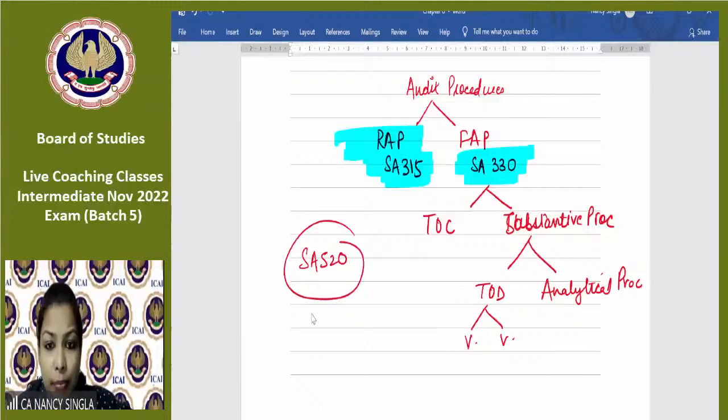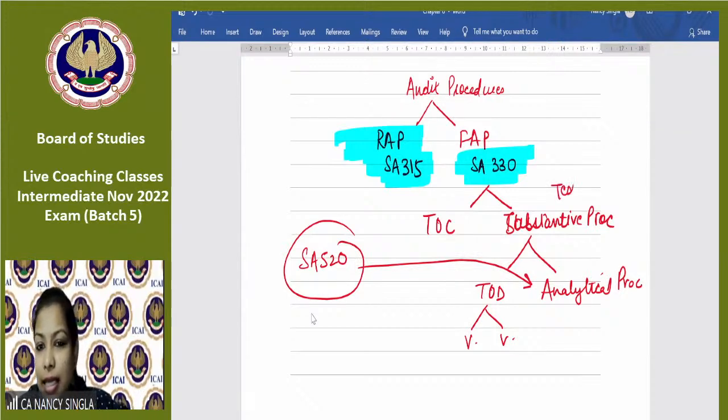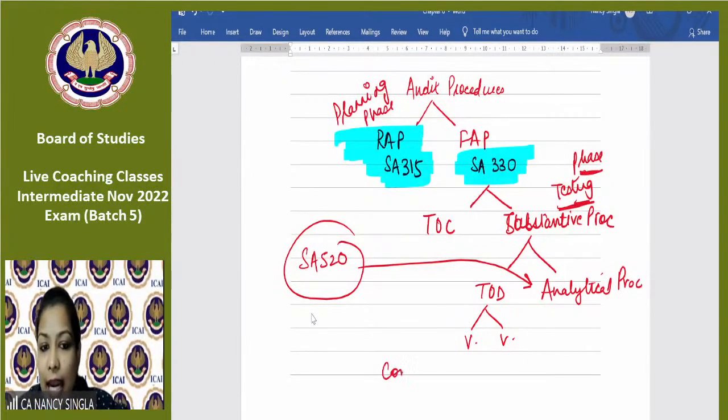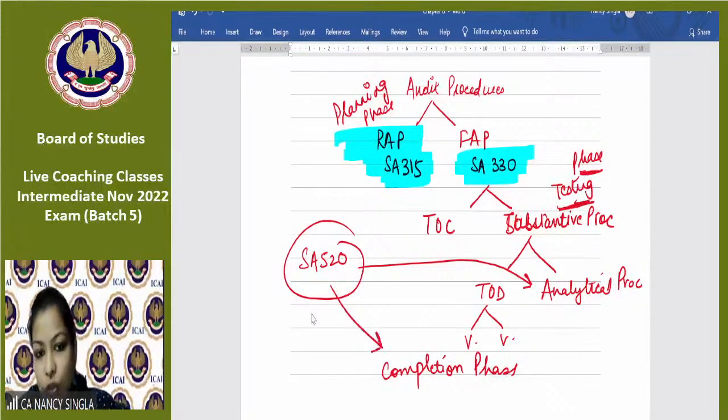ठीक है? Now SA 520 क्या बोलता है? That auditor may perform analytical procedure at this stage, which may be, can I say this is the testing phase? Test कर रहा है ना यहाँ पर. Can I say this is the planning phase? This is the testing phase, and at the completion phase also auditor may perform what? Analytical procedure, which is also dealt in by SA 520.